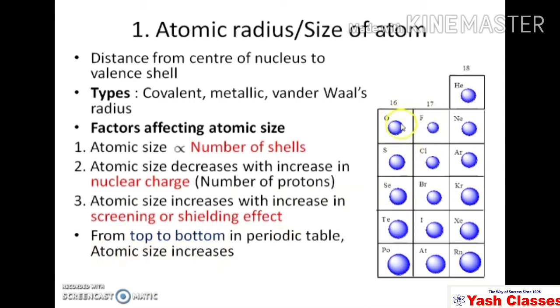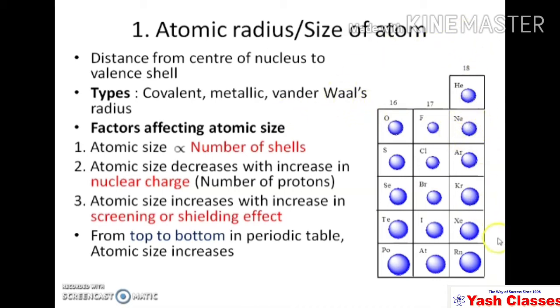You look at this group number 16 elements: oxygen, sulfur, selenium, tellurium and polonium. From top to bottom, atomic size increases. For group number 17 elements also, from top to bottom atomic size increases. Same is for group number 18 elements. And from left to right in periodic table, from oxygen to fluorine, atomic size decreases, and for neon again it increases.